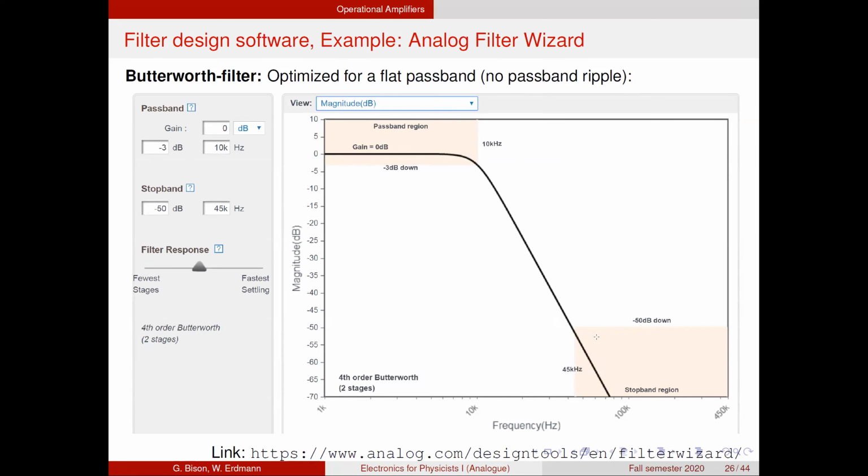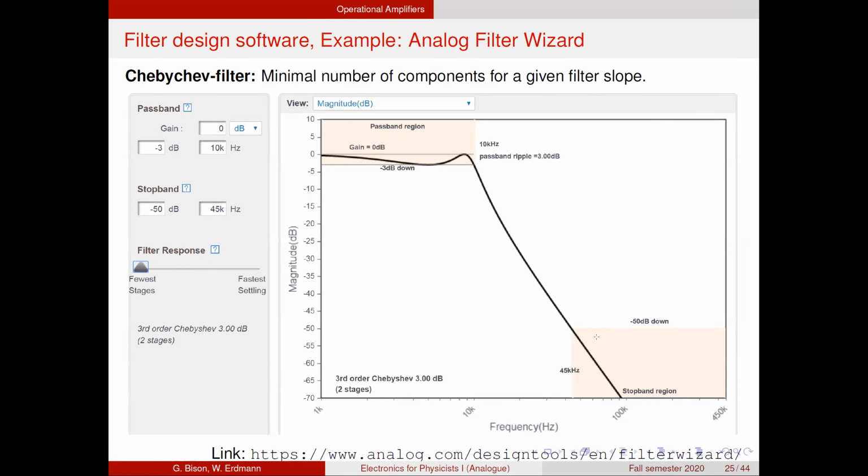And then the tool calculates a filter response. And here you can choose with a slider, basically, how much emphasis is given to certain optimization strategies.